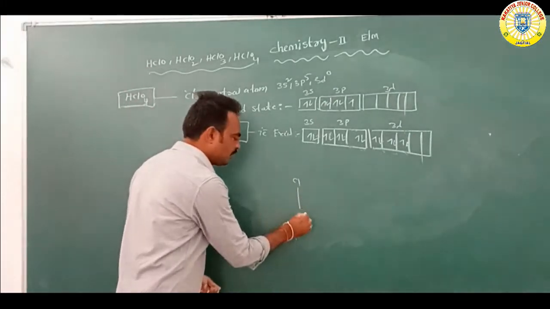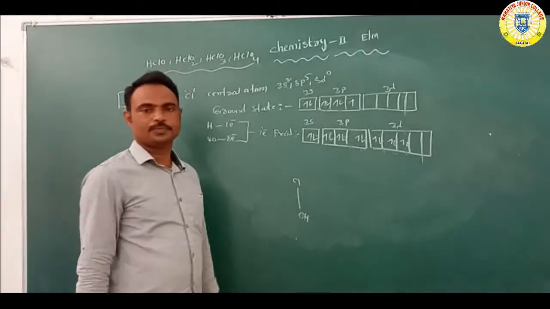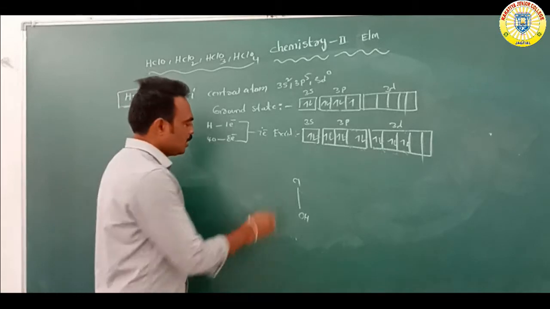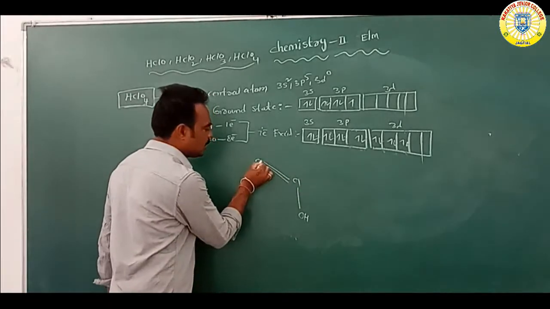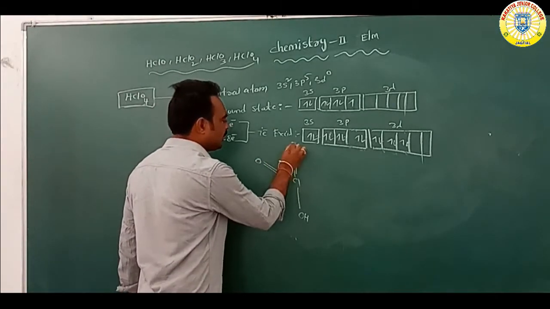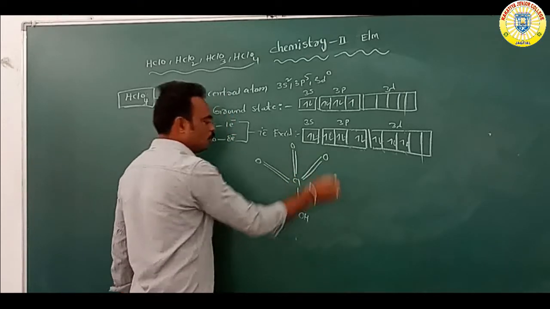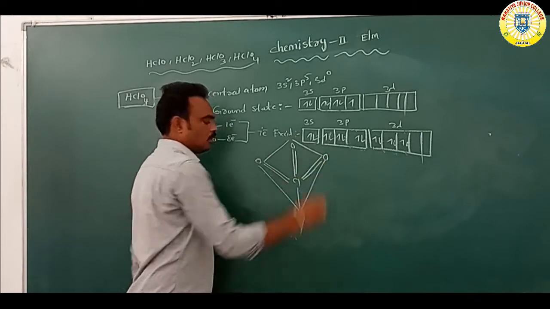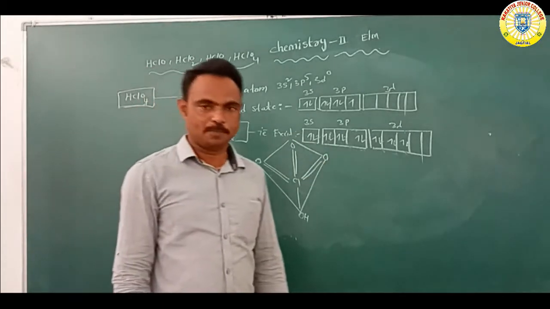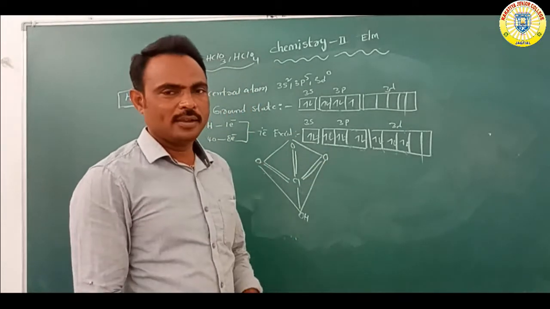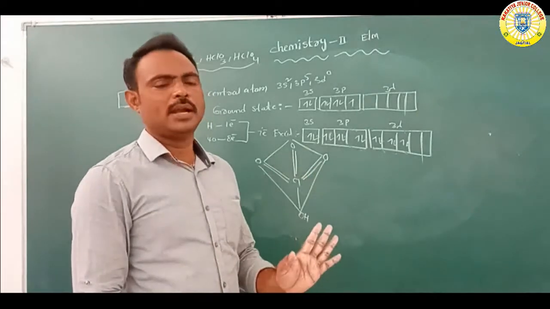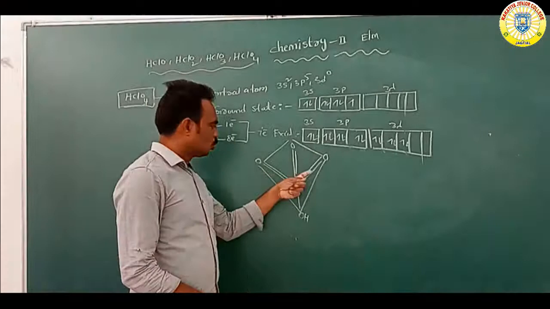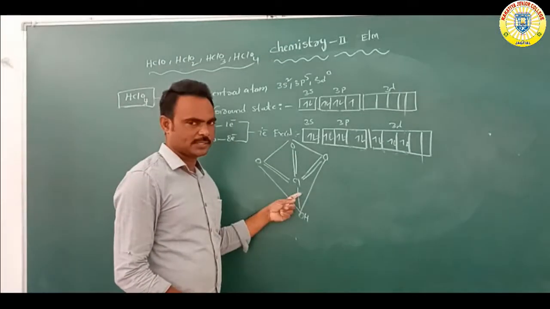It is attached with one hydroxy group and the remaining 3 oxygens, each oxygen bonded with a double bond. It also has a tetrahedral shape. So here no lone pairs but 7 bond pairs: 2, 2, 2, 6 plus 1, 7 bond pairs.